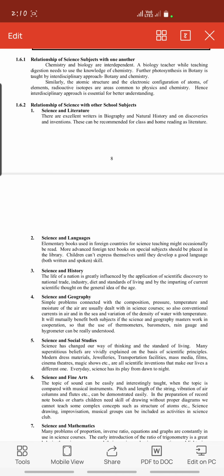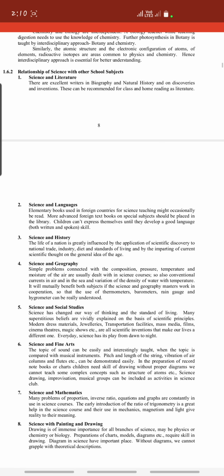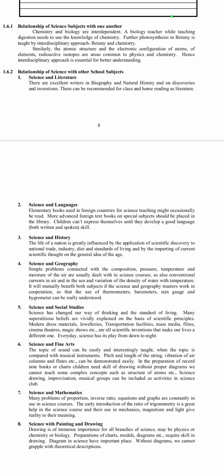Okay, as we read in the definition below, the connectivity between science and languages is that both use elementary books. For science teaching, these may occasionally be read, and also more advanced foreign textbooks on special subjects should be placed in the library, and we actually do that.